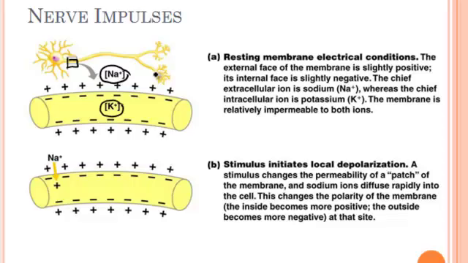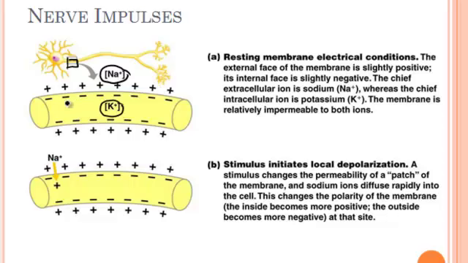What this means is that because there are all these sodium ions on the outside, and they're all positively charged, you end up with what we call a membrane potential, basically an electrical condition. As we talk about this, think about it like an electrical signal. What we're doing is sending an electrical signal down the nerve. This positive charge over here is caused by the sodium ions.